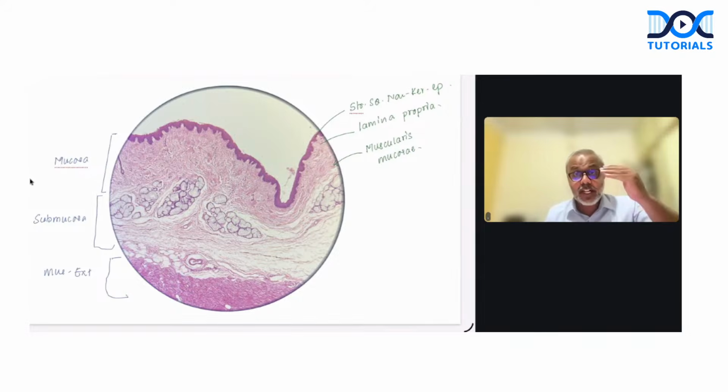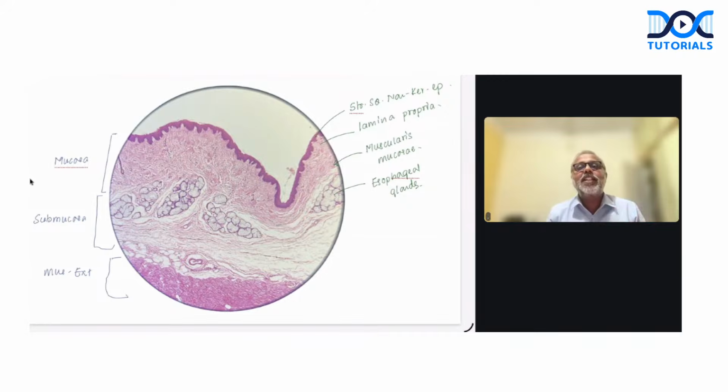Then, when we come to the submucosa, it is also made up of connective tissue, but the characteristic feature here is that it contains submucosal esophageal glands. What is the function of these submucosal esophageal glands? These secrete mucus and help in easy passage of the hard food material through the esophagus.